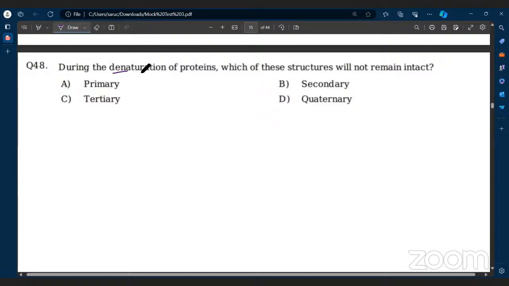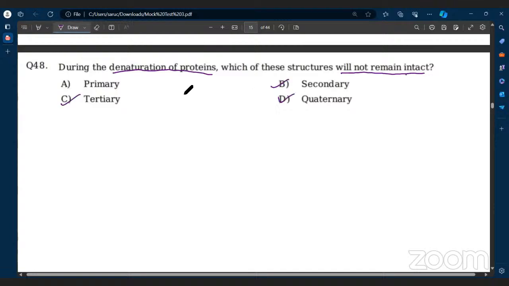So here the question is which will not remain intact, which will collapse. Intact means do not collapse, but the question is which will not remain intact. So which will be collapsed is the question. B, C, and D: secondary, tertiary. Very good.